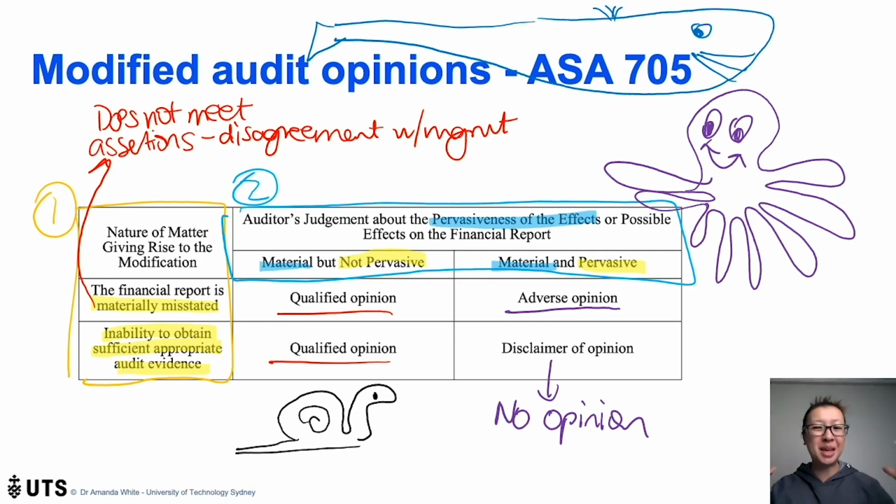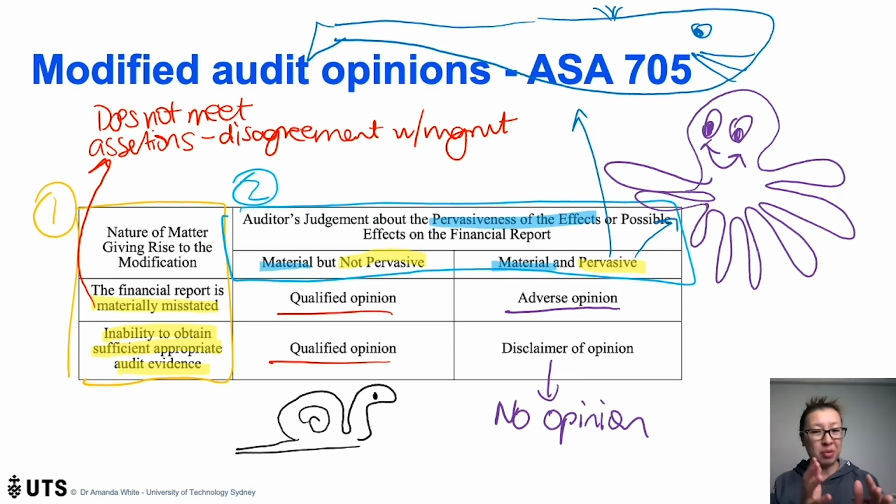The blue whale is the biggest whale in existence. You might have one misstatement that is so big that it overshadows everything else, even though it's only contained to one area. In that instance, the blue whale is also considered pervasive. So you've got two options for pervasive. Think about the octopus with its many tentacles or the massive blue whale.